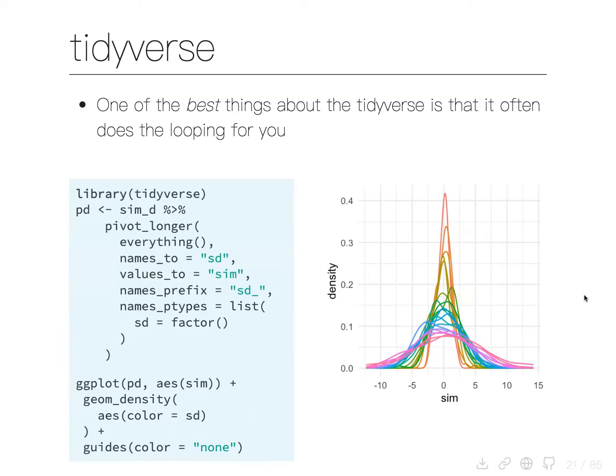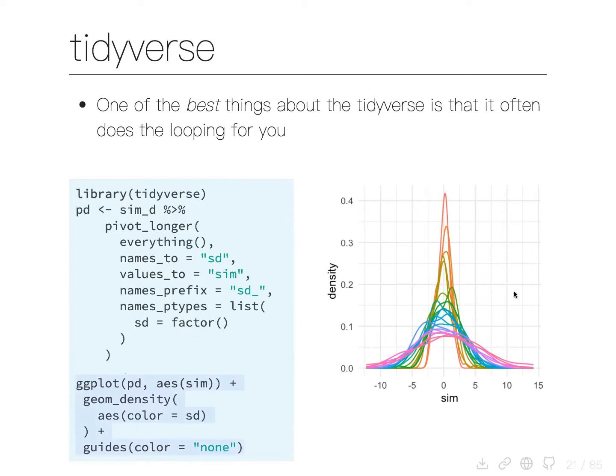So I'm pivoting longer, everything, and then I'm saying the names are going to go to SD and the values are going to go to sim, and then I'm wiping out the SD underscore part, and then I'm saying SD is going to be a factor. So this is like pivoting the whole data longer, and then at that point, I can create the plot very easily by just saying the color is equal to the standard deviation.